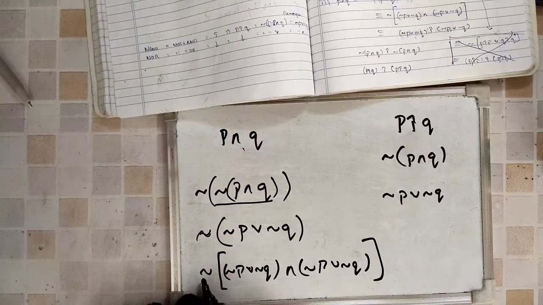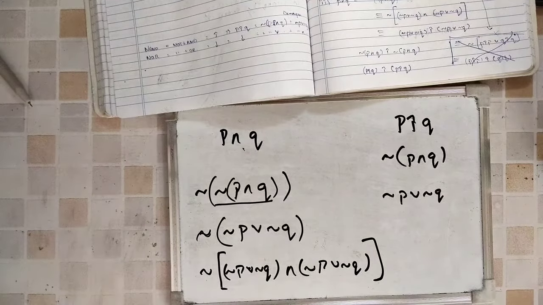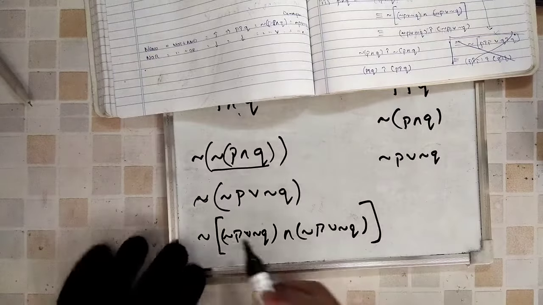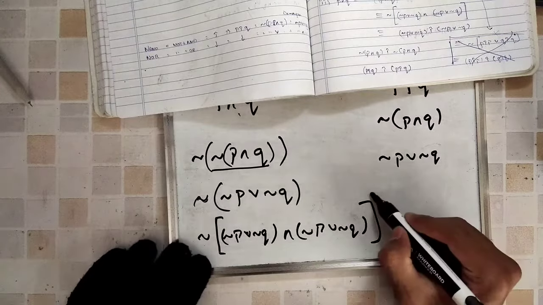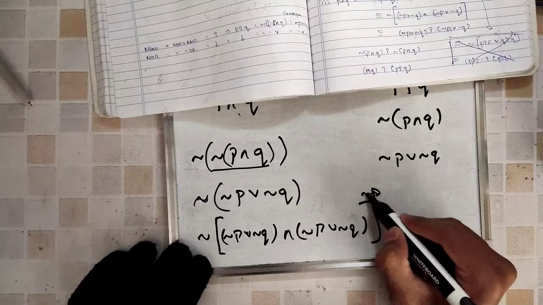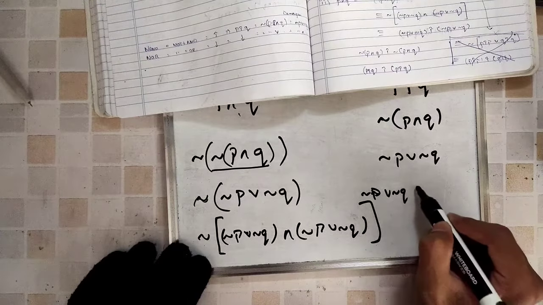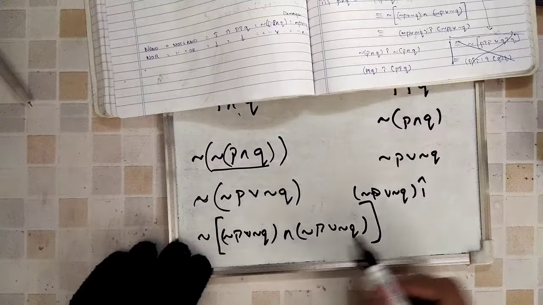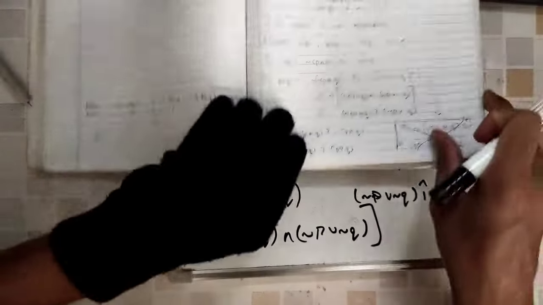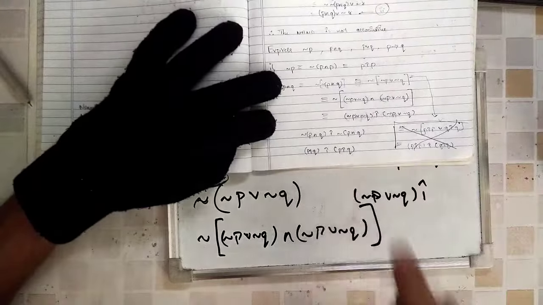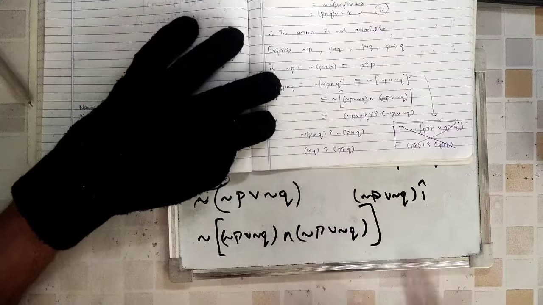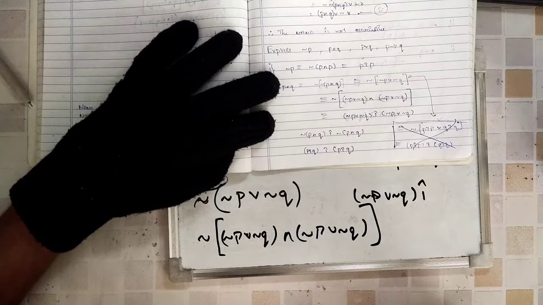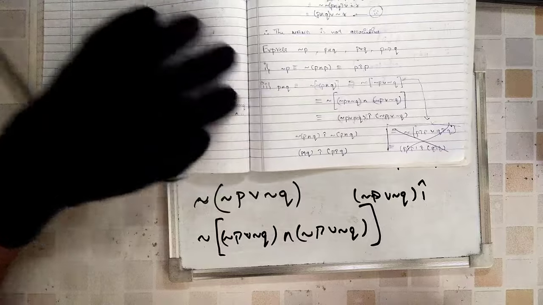I have negation here and AND here, so I can simply write it like this, or else I can also write it as negation P or negation Q NAND, again I have to write, so see here it's like this, but further simplified I can also write it like this. Okay, P NAND Q NAND P NAND Q, like that.